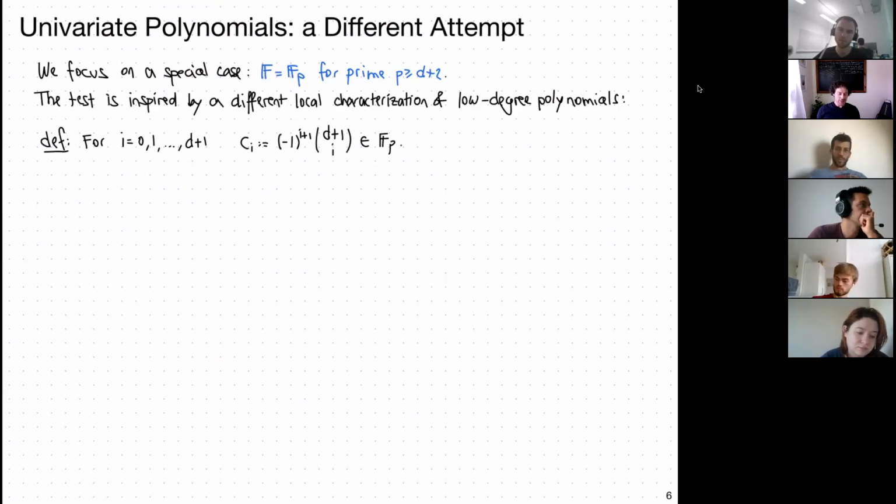And what I want to ask of you is not to think too much about these specific definitions. I'm writing it here for the sake of being explicit and to say that we can easily find them, but let's think that there exist some constants that would satisfy what we want. What we'll have is the following thing.